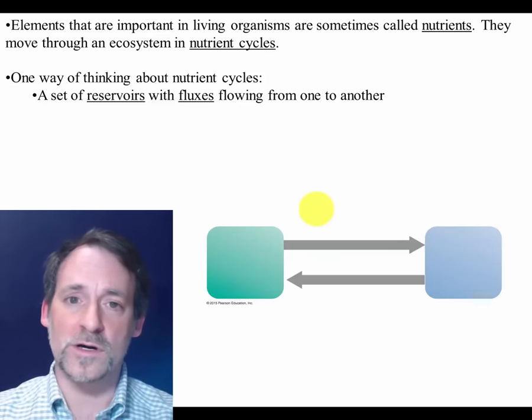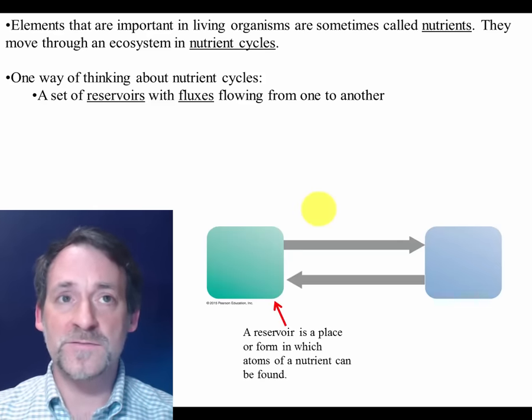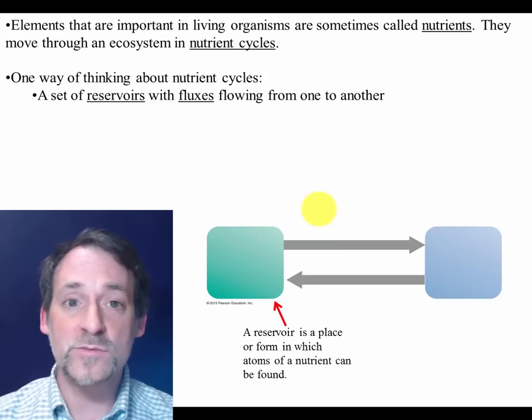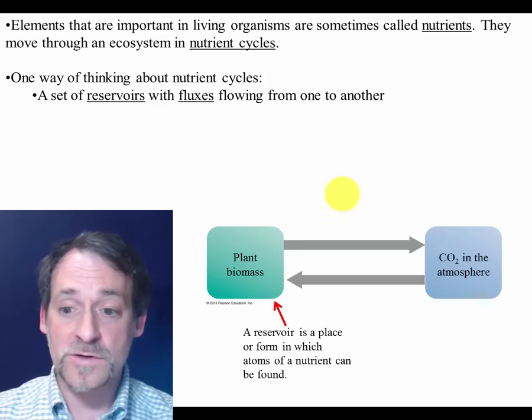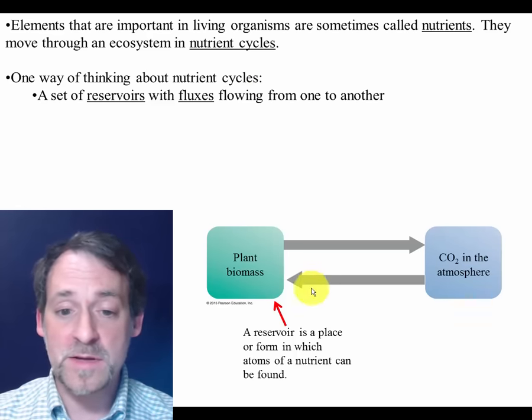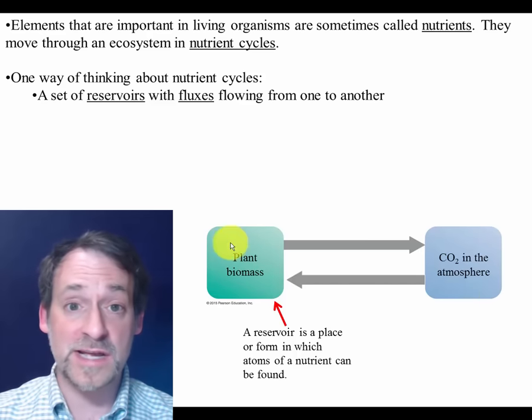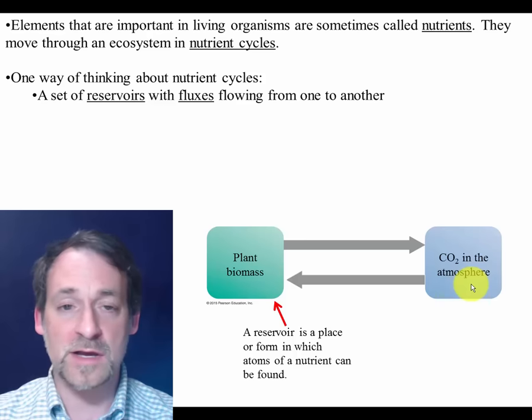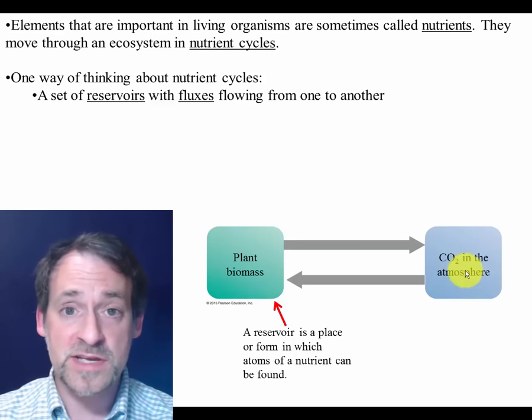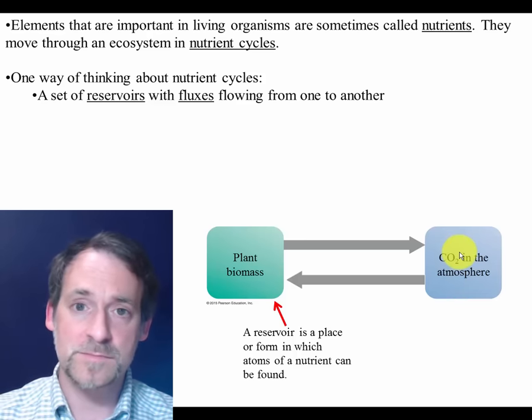A reservoir is a physical place or a type of matter in which atoms of some nutrient can be found. So for example, if we're thinking about carbon, there are carbon atoms in plant biomass. There are also carbon atoms that are found in carbon dioxide molecules in the atmosphere.